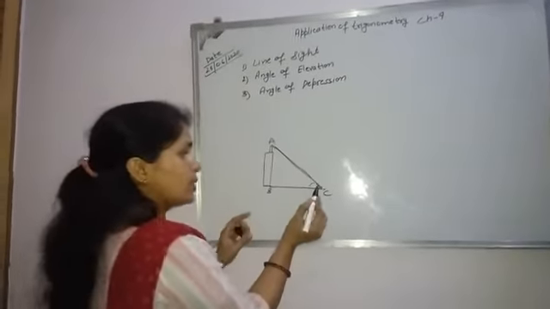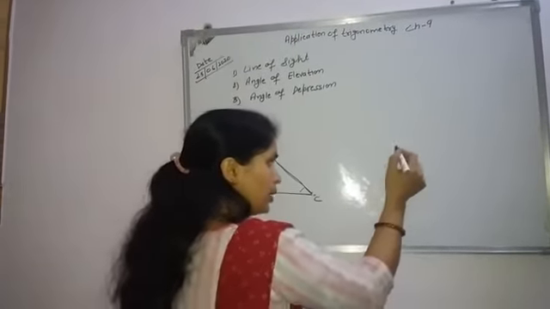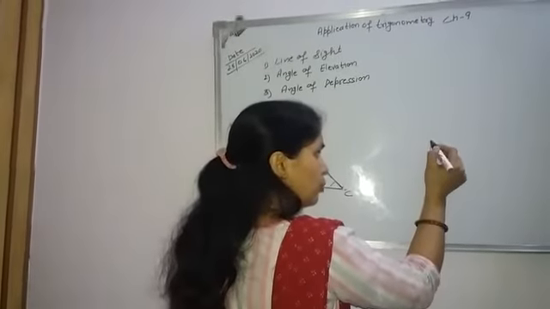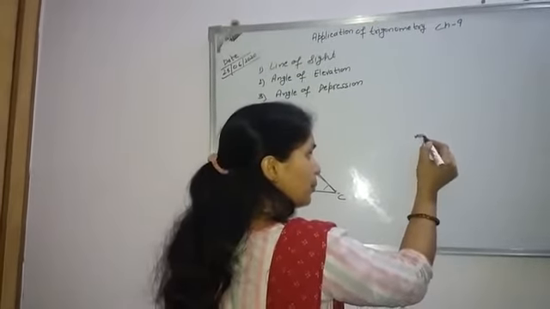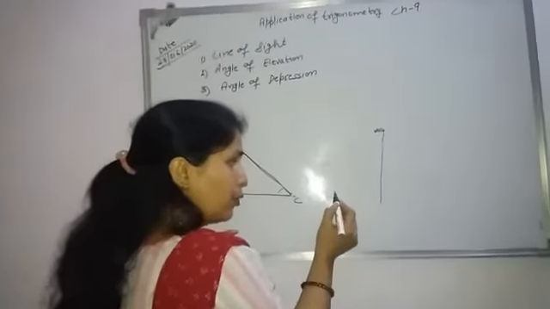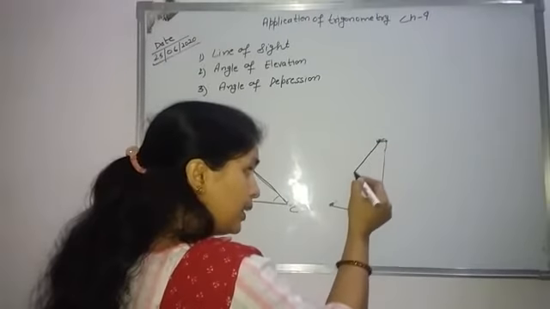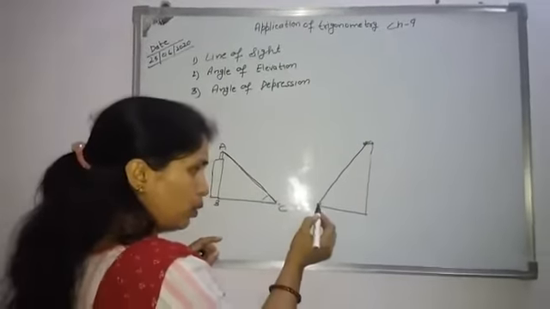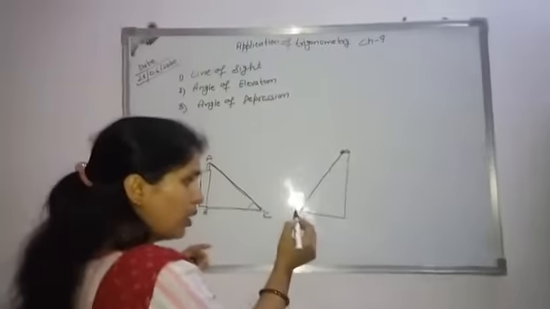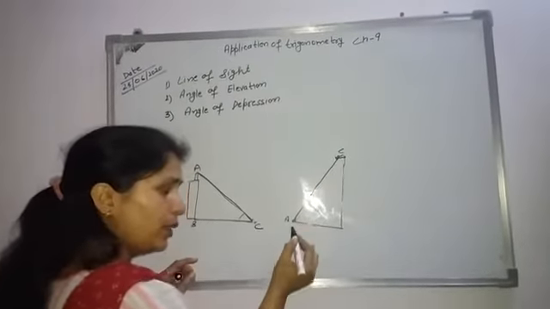So in this case, suppose a person is standing here and this is the building. On the top of the building, suppose here is a flag. This boy is looking at this flag. So here this line is the line of sight, because here this is the boy and A and C. So this AC is the line of sight.